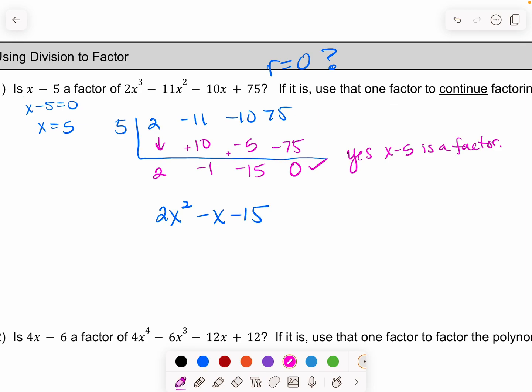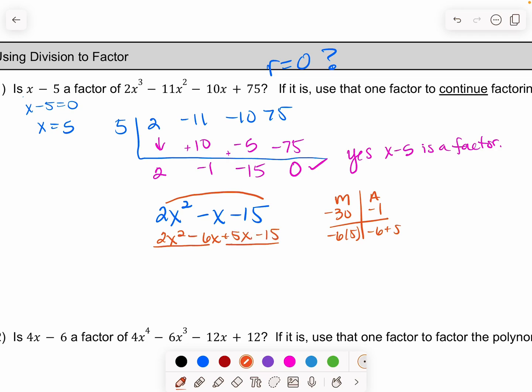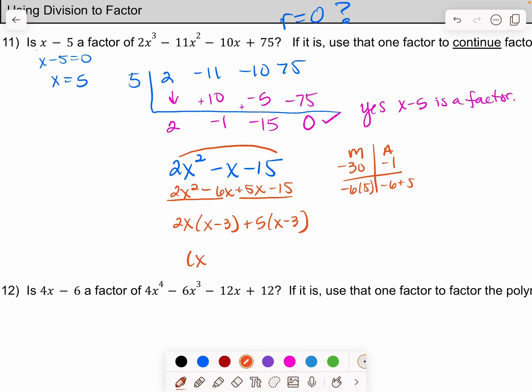All right, so multiply to negative 30, add to negative 1: negative 6 and 5. 6x plus 5x. x minus 3 times 2x plus 5. And of course, if we have factors, we want to write all of them down here. So we have x minus 5 as well.